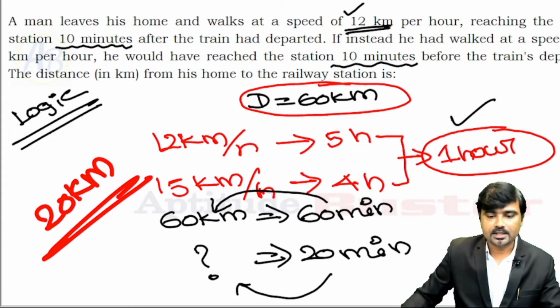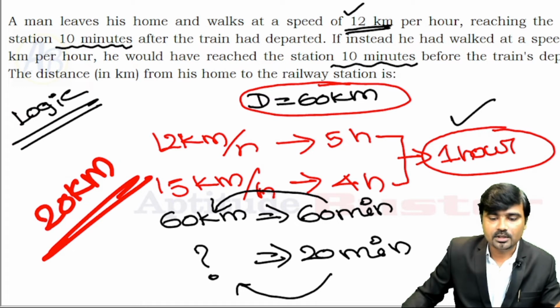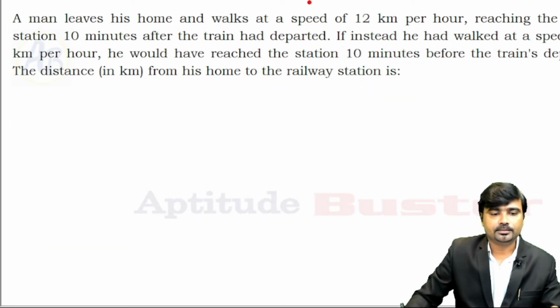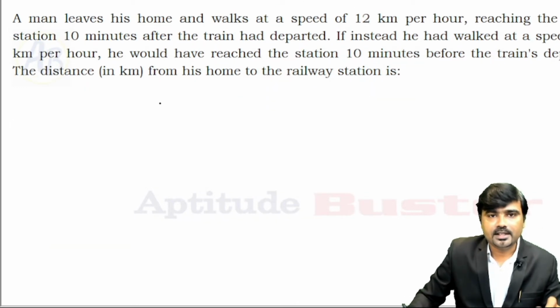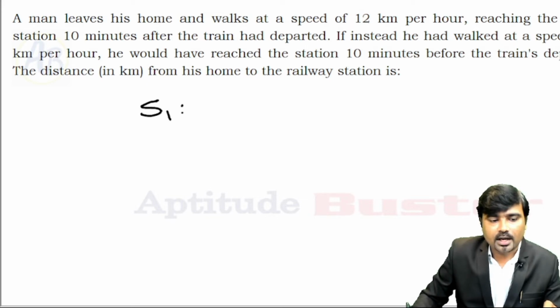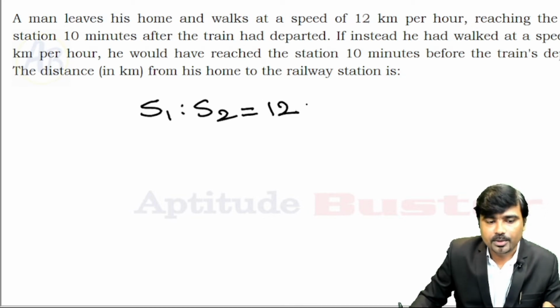Okay. Next I'm going to solve the same question using the ratio method. The first case and second case, the ratio of the speeds, speed 1 and speed 2. What's the ratio? The first is 12 km per hour, the second is 15 km per hour.